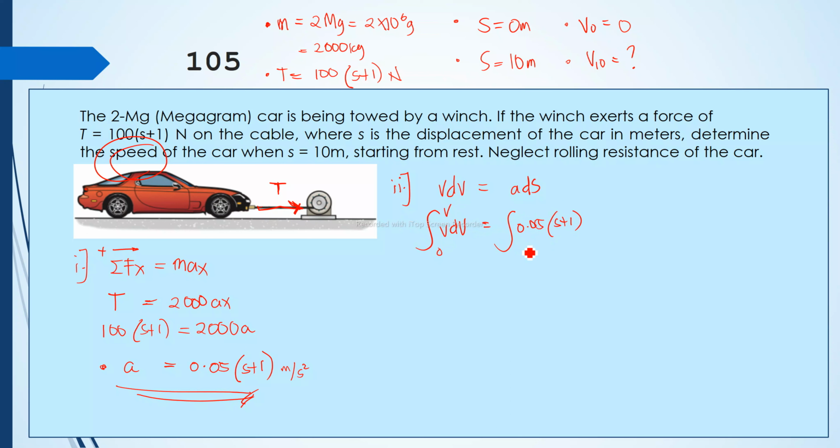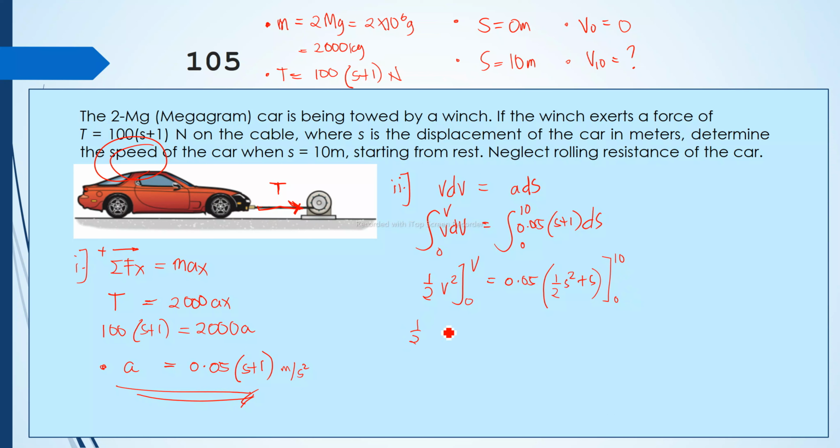The limits along the displacement are 0, starting from the origin, to 10 meters. Don't forget the ds. On the left side we have one half v squared evaluated from the initial velocity to the final velocity. And on the right side we have 0.05 times one half S squared plus S, evaluated from 0 to 10 meters.